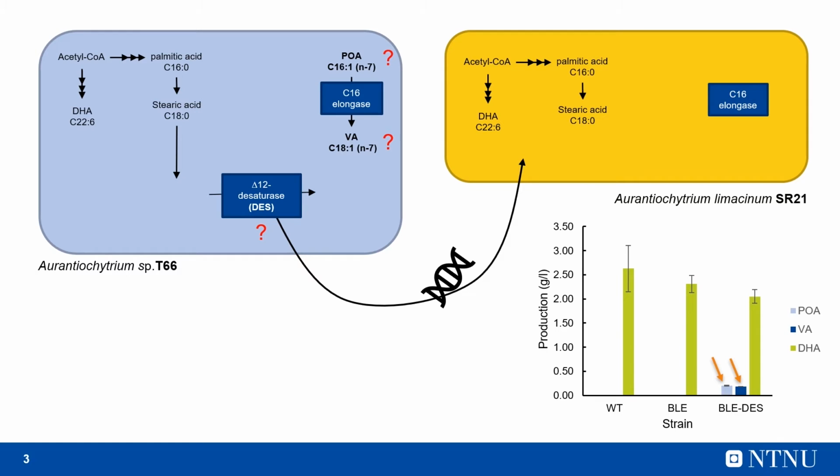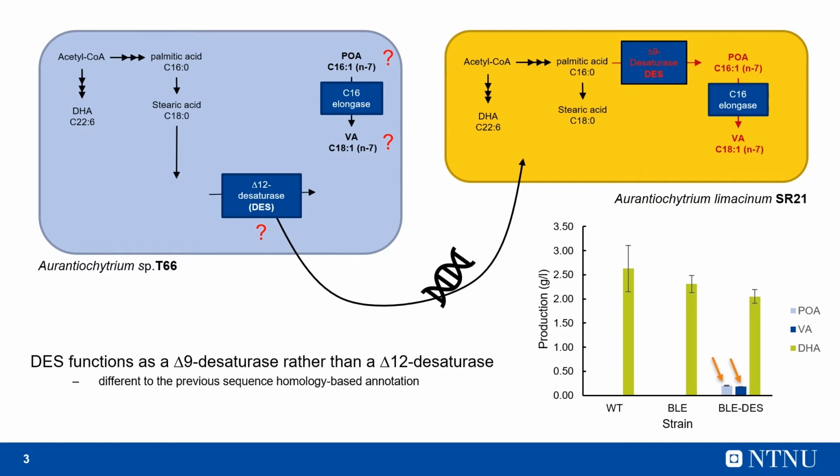These exciting results showed that DES is more likely to function as a delta 9 desaturase than a delta 12 desaturase, which is different from the previous sequence homology. And this information will be valuable in metabolic engineering for microbial fatty acid production.